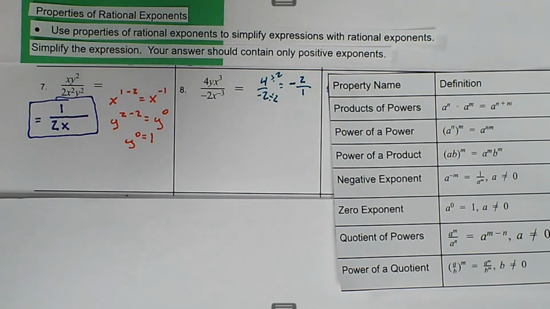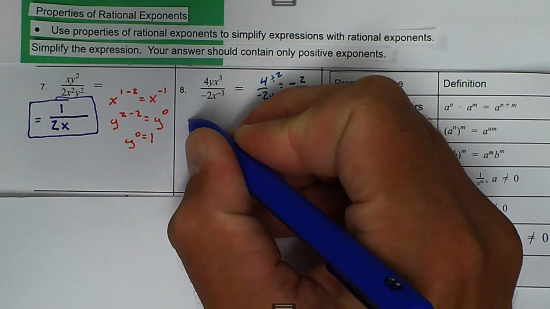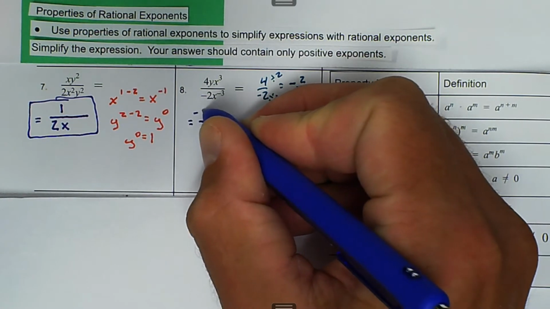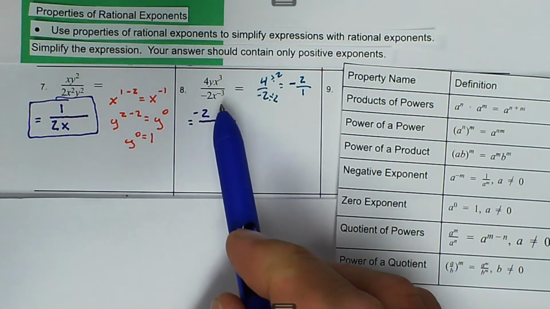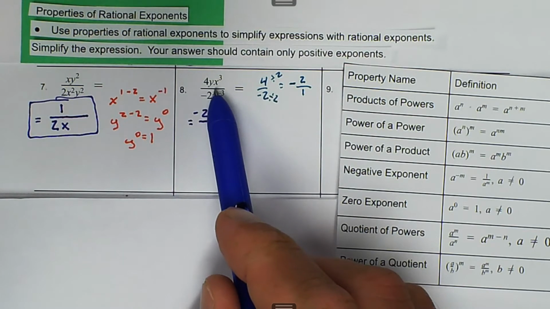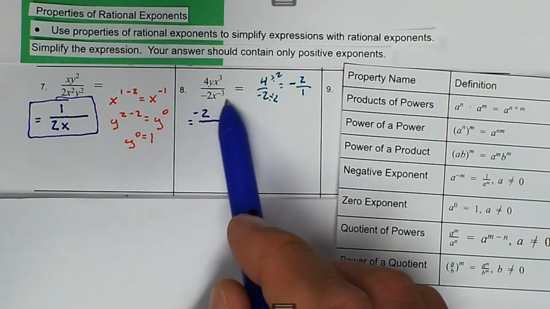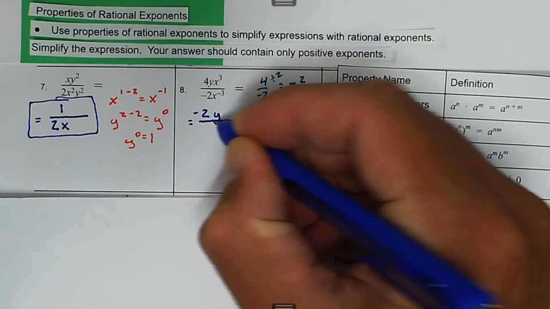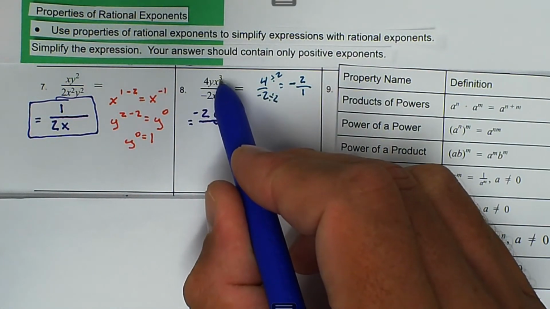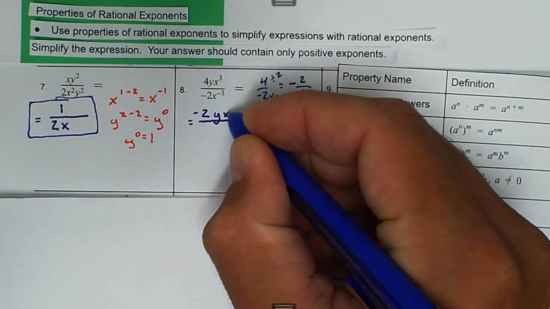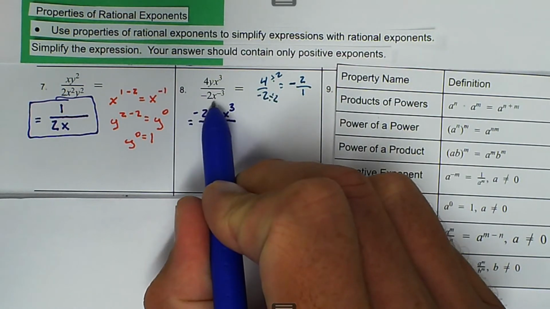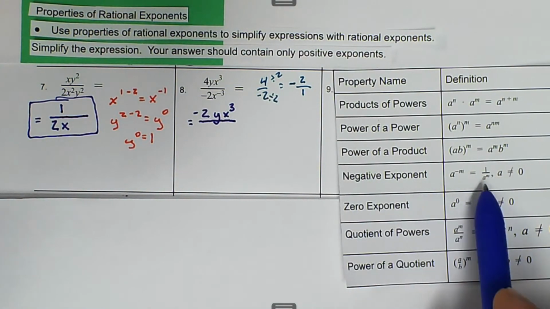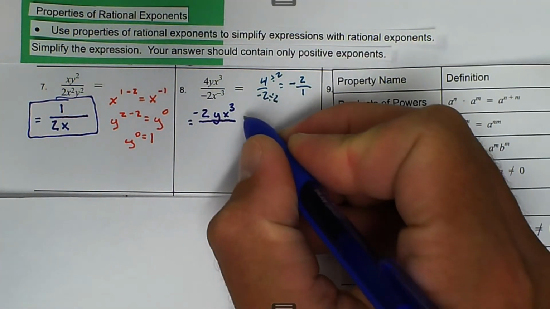The next thing I want to do after I write that down, so we have the negative 2, and now we're looking at what we have. We have a y in the numerator. We don't have any y's in the denominator. And then we have x to the third in the numerator. That's positive, that stays. And we have x to the negative 3, so I can use the negative exponent to move it to the numerator.